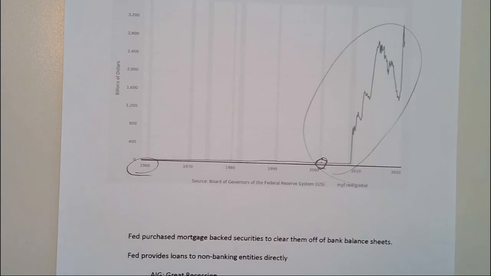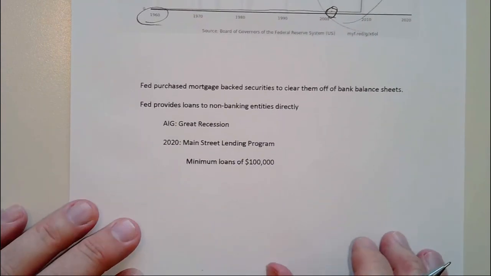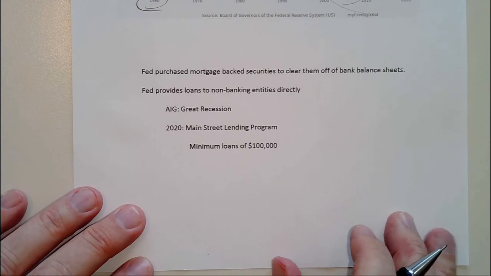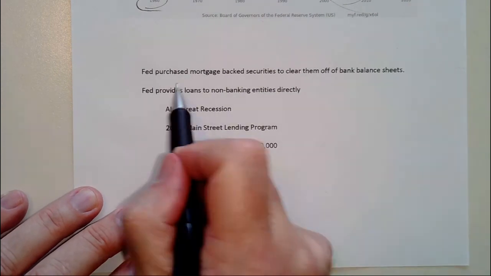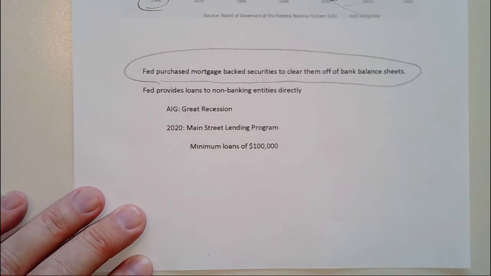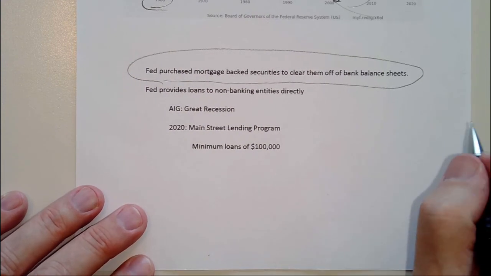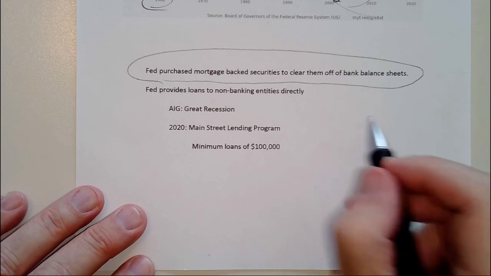So the Fed was trying to find other ways to help the economy. What the Fed did during the Great Recession is they started to purchase, for the first time, mortgage-backed securities. Banks had a lot of reserves, but banks also had a lot of bad assets. So they took the assets off their hands, and they gave them cash.